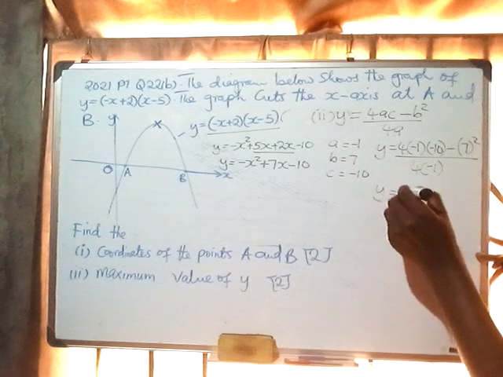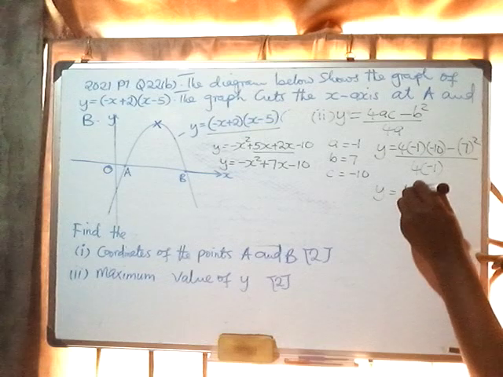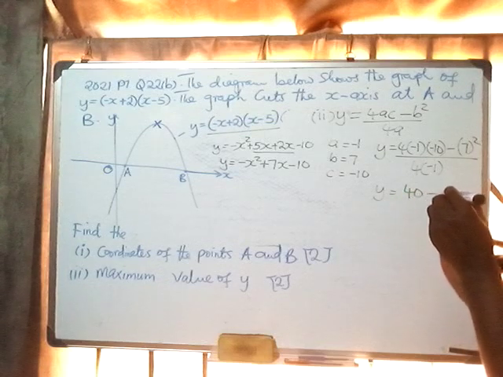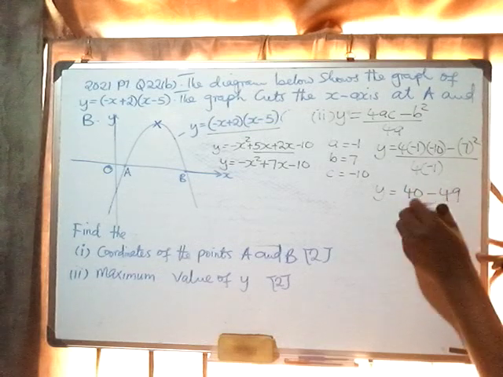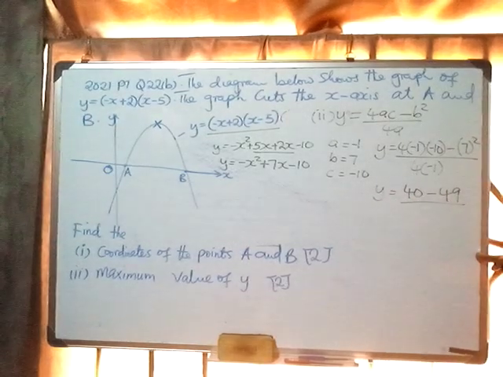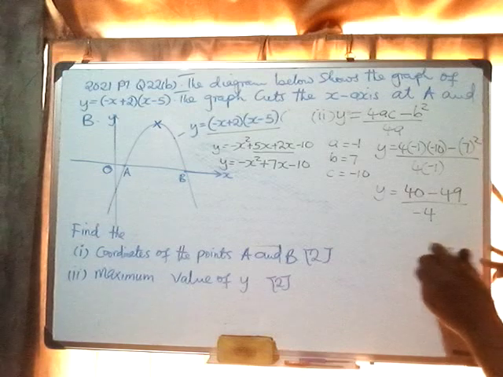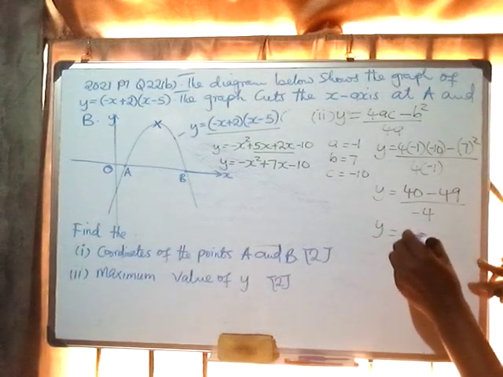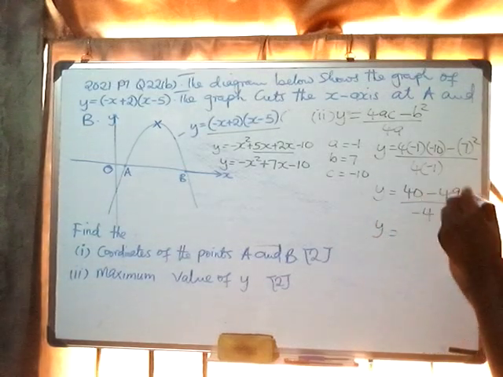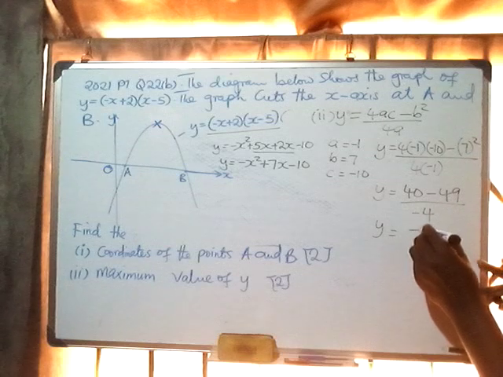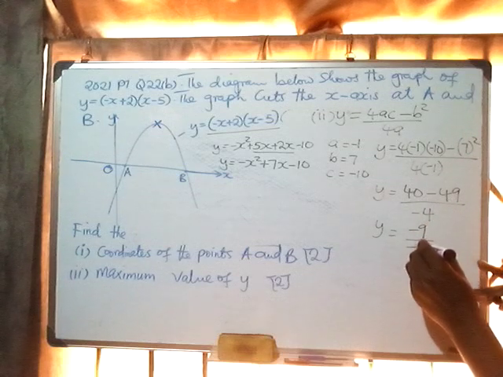So our y will be equal to 4 times -1 times -10, which is 40, minus 49, because 7 squared is 49, over -4. So our y is equal to -9 over -4.